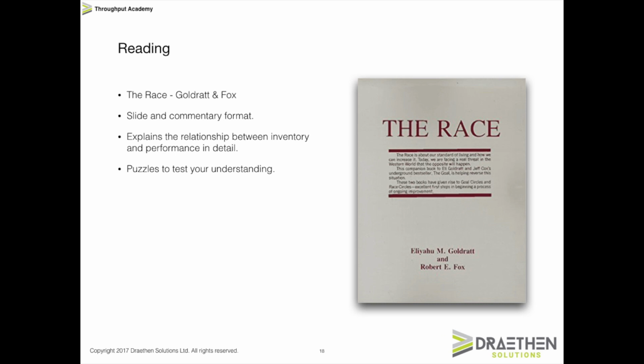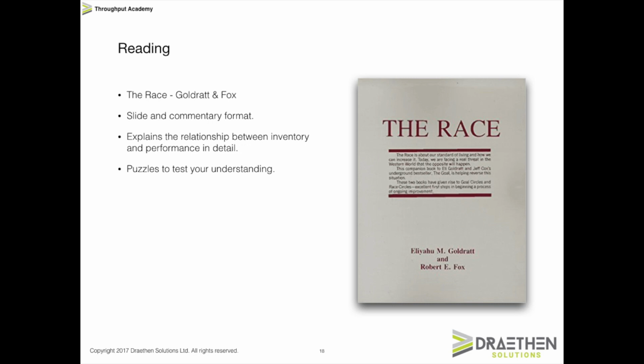The book is very interesting. It comes in a slide and commentary format. So on the right hand side you've got a slide or a graphic, and on the left hand side you've got some prose text which explains what you're seeing on the graphic. It really explains in detail the relationship between inventory and performance, so highly recommended for those of you who are very serious about understanding theory of constraints knowledge on manufacturing.